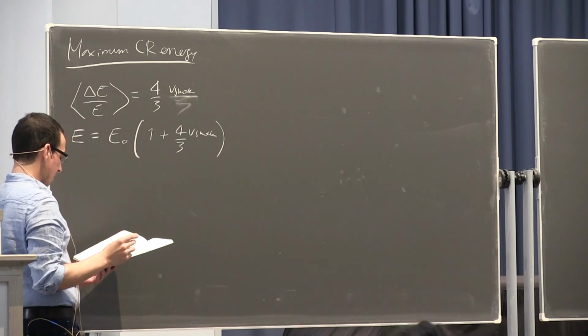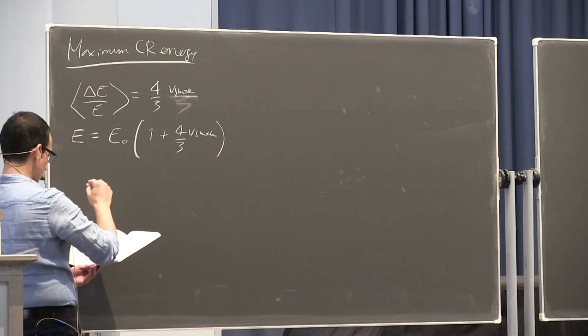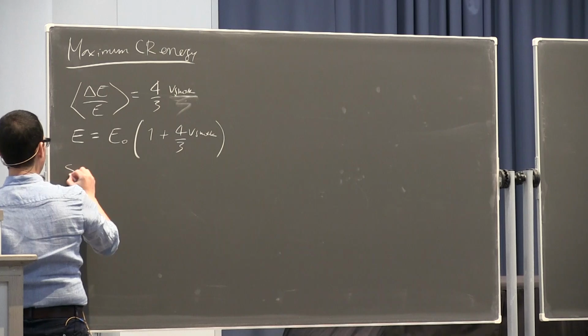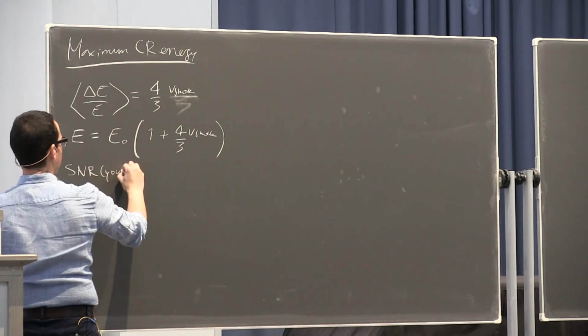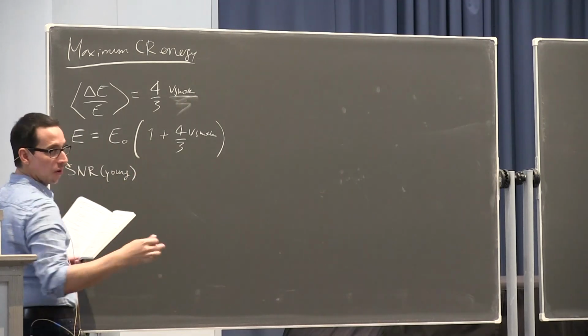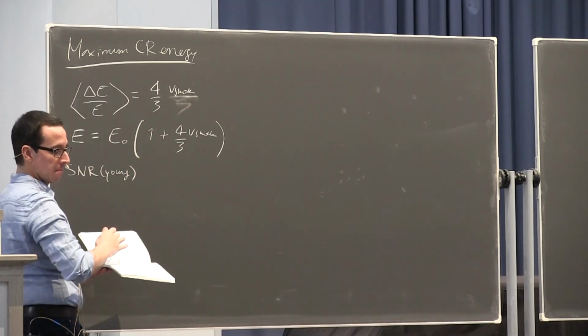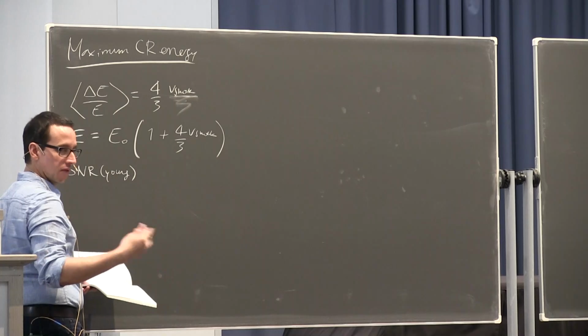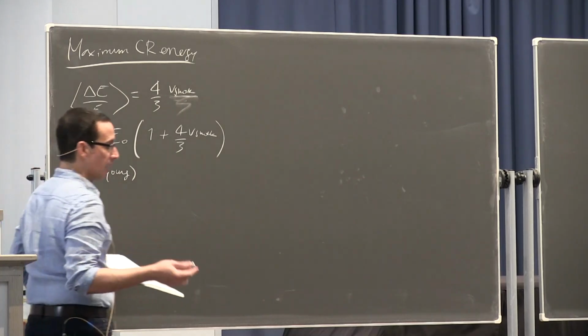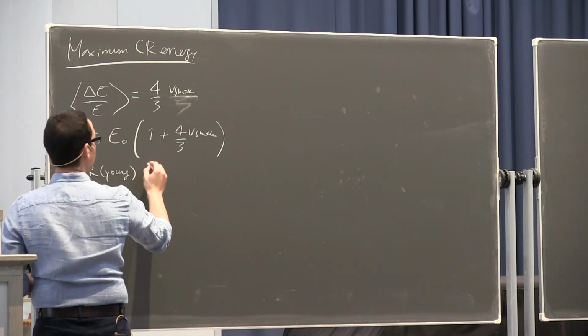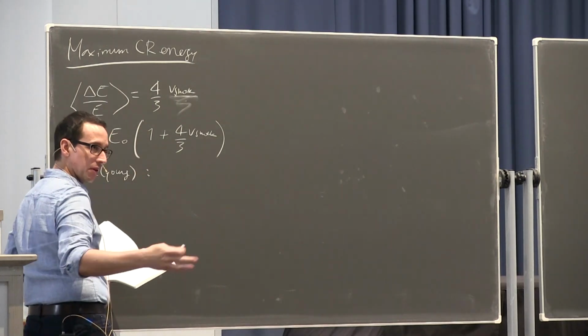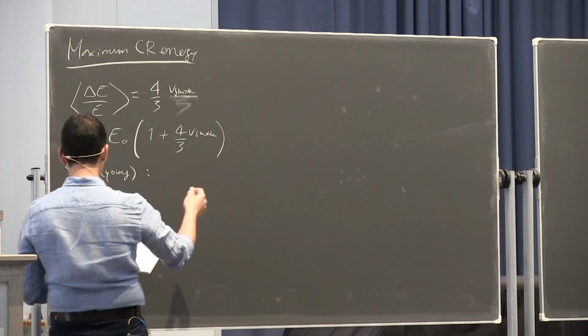Okay, so let's put some numbers here. For a supernova remnant, a young supernova remnant, which I believe I mentioned before, is the leftover bubble of matter that is expanding outwards from a supernova that happened some thousands of years before. That might be one of the shock fronts that the proton could cross to get accelerated.